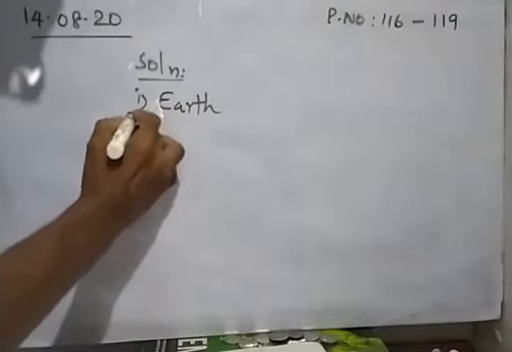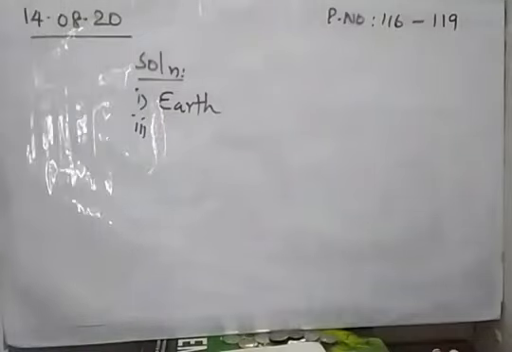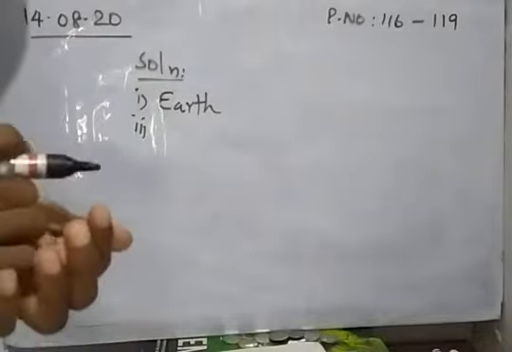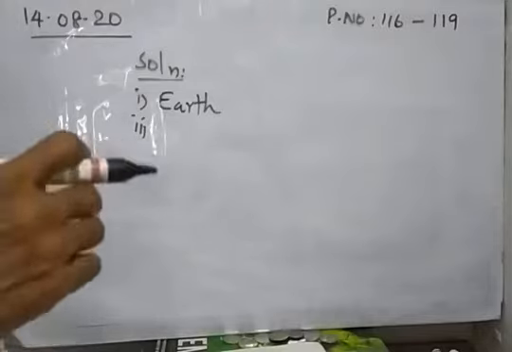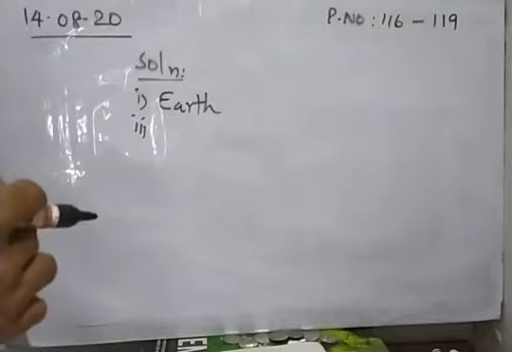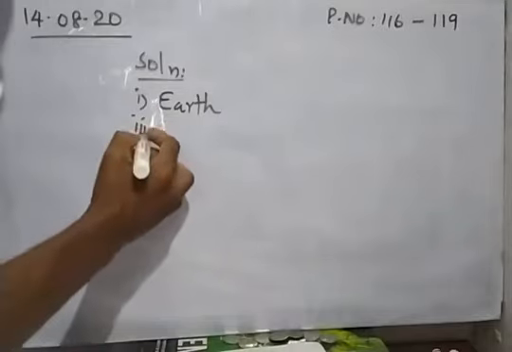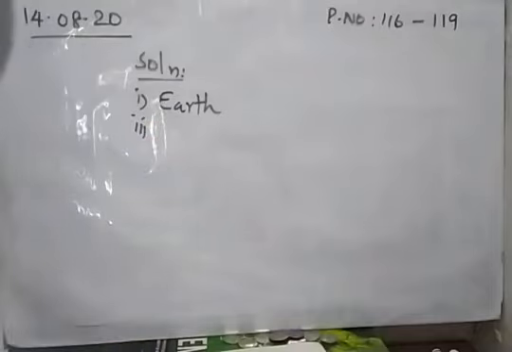The second step: we want to identify the system to which Newton's laws are to be applied. The system can be a single object or more than one object. The third step: we want to draw the free body diagram.